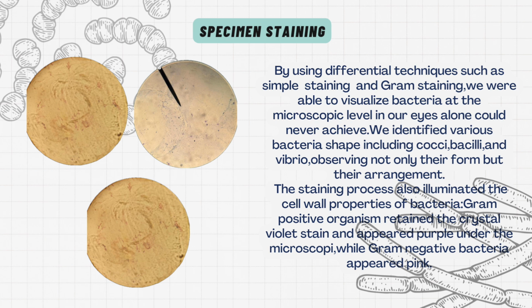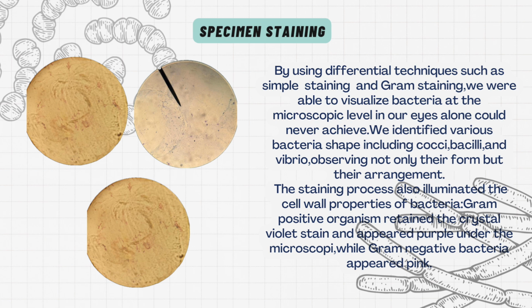And now we will proceed to the specimen staining. By using differential techniques such as simple staining and Gram staining, we were able to visualize bacteria at the microscopic level that our eyes alone could never achieve. We identified various bacterial shapes, including cocci, bacilli, and vibrio, observing not only their form but their arrangement.